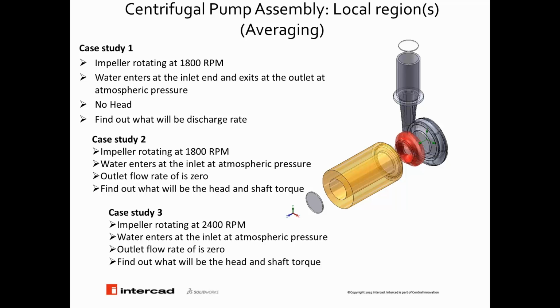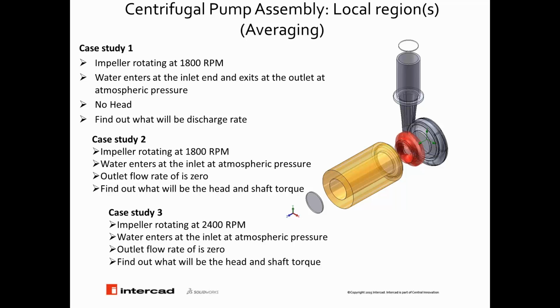In the second case, we're taking it one step forward, and we would like to find what sort of head is generated if we have the inlet at atmospheric pressure and the outlet almost or fully closed, and look at the head value. This time, again, our impeller is rotating at 1800 RPM.